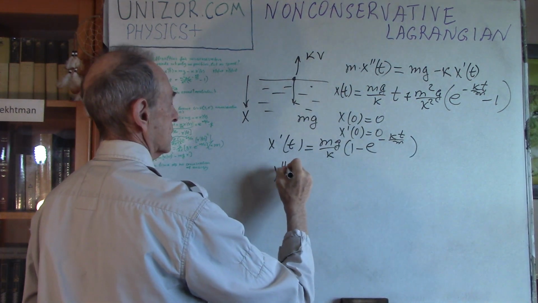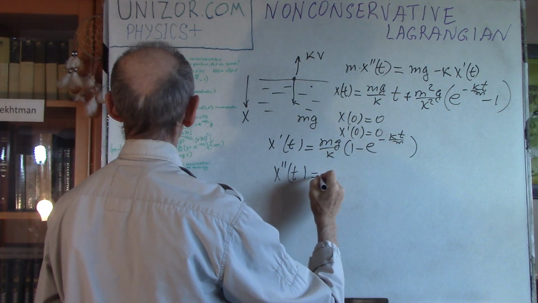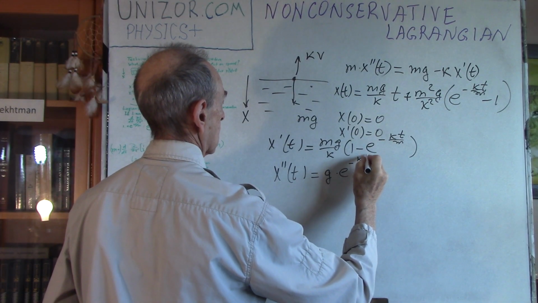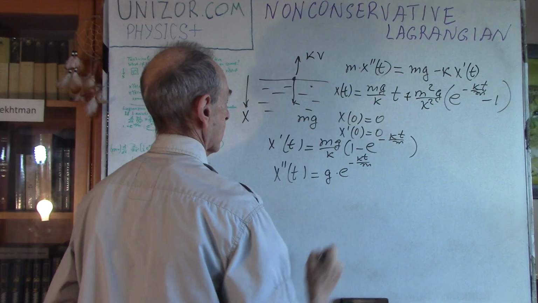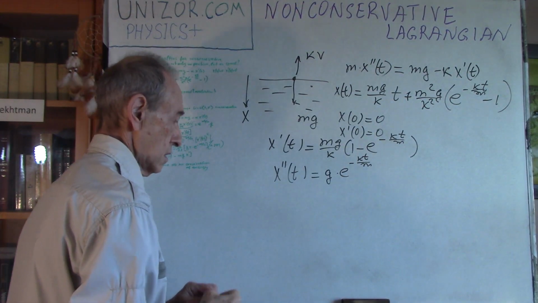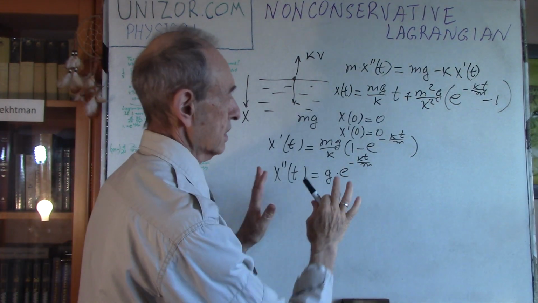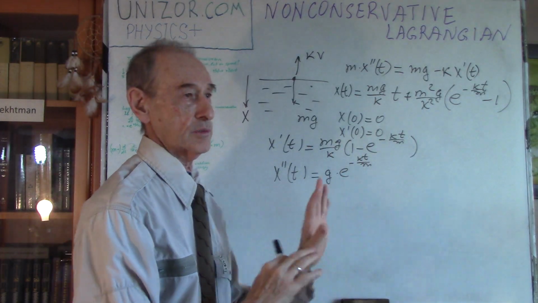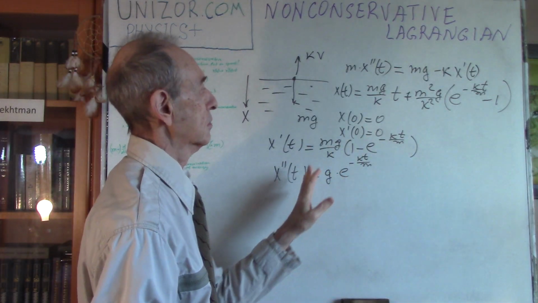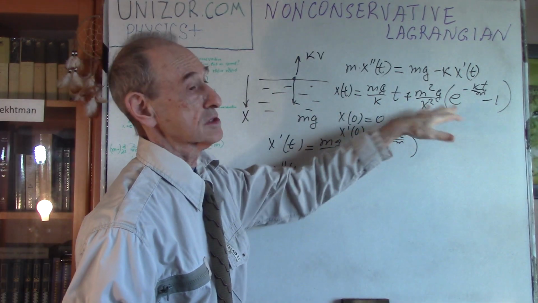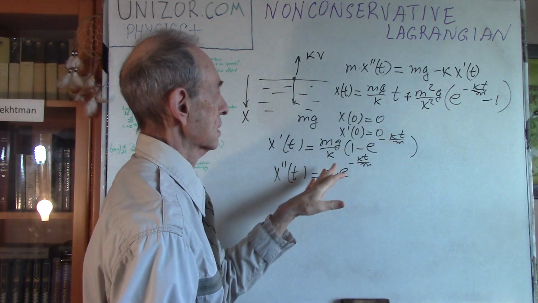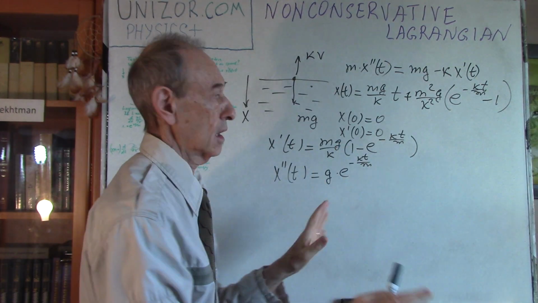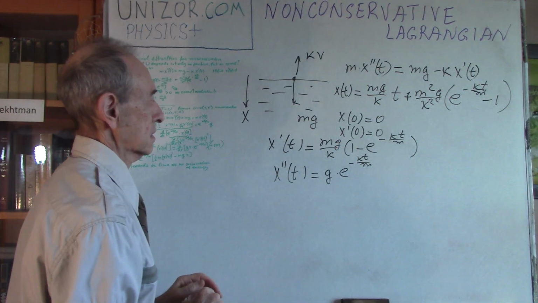And the second derivative, acceleration, is equal to g times e to the minus kt divided by m. Okay, so I'm just giving it to you as a pure math thing. I'm not going to spend any time on actually solving this or taking the derivative. It's all kind of elementary stuff.